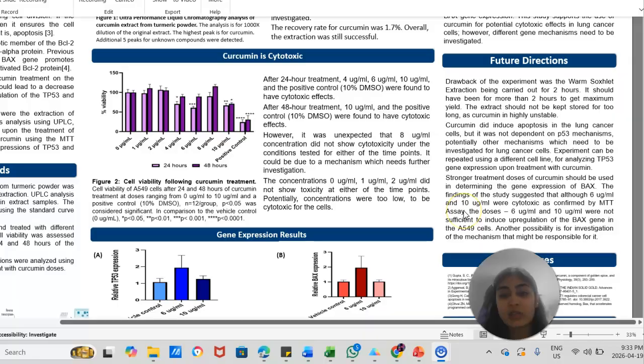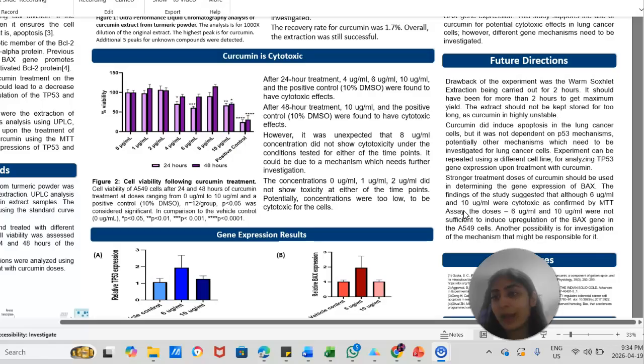For future directions, for somebody doing a similar kind of research, I would suggest choosing a different cell line for TP53. It feels to me that TP53 is apoptotic, no doubt, both of the genes are apoptotic, but maybe try using a different cell line for analyzing the gene expression of TP53.